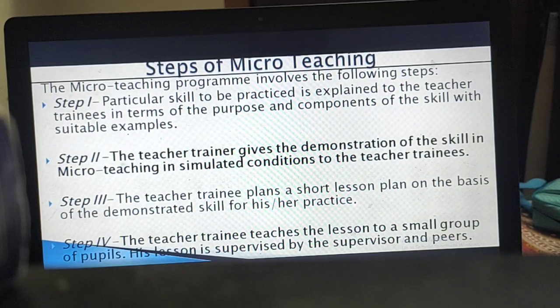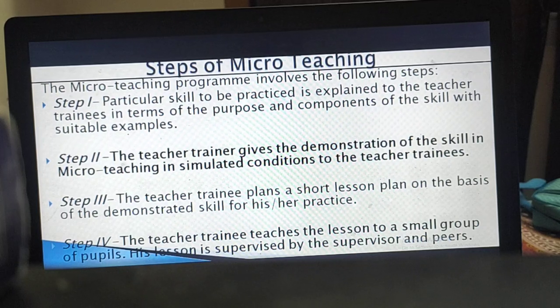Steps of micro-teaching. There are several steps involved in a micro-teaching program. First step: the particular skill to be practiced is explained to the teacher trainee in terms of the purpose and components of the skill, with suitable examples.